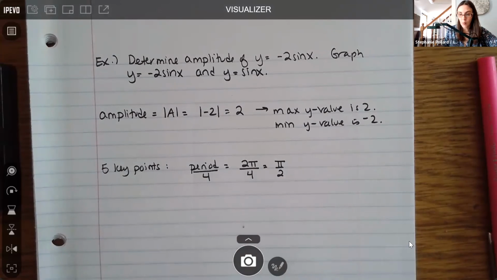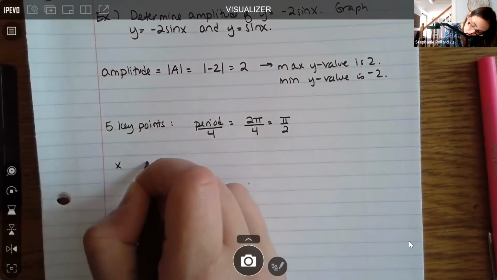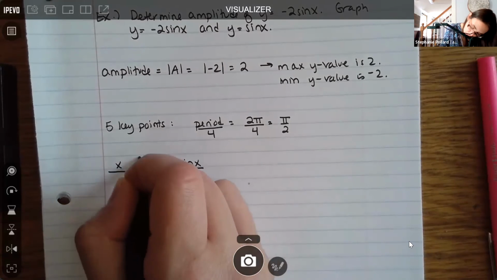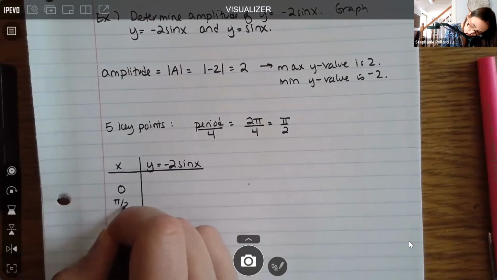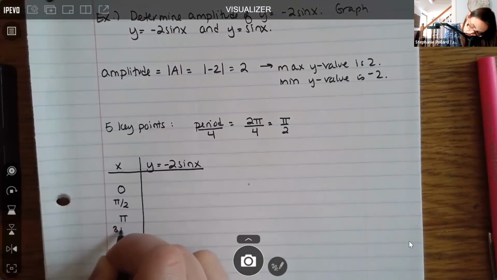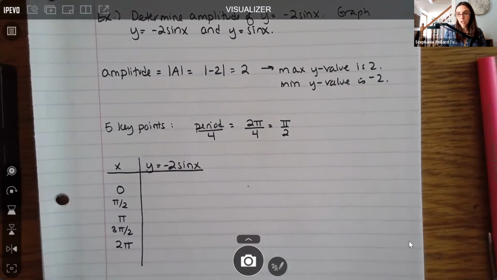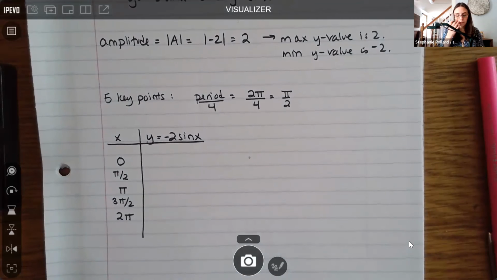So I'm going to save us a little bit of work. You can look at the work from the last example. Our starting value was 0, and then we had pi over 2, pi, 3 pi over 2, and 2 pi. And again, that doesn't change because we haven't affected the period at all. It's the same period as it has been.